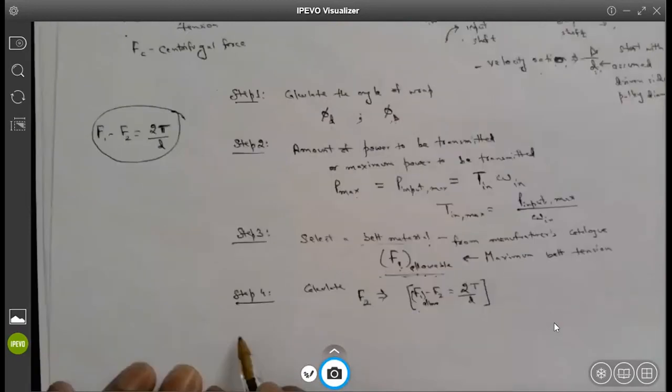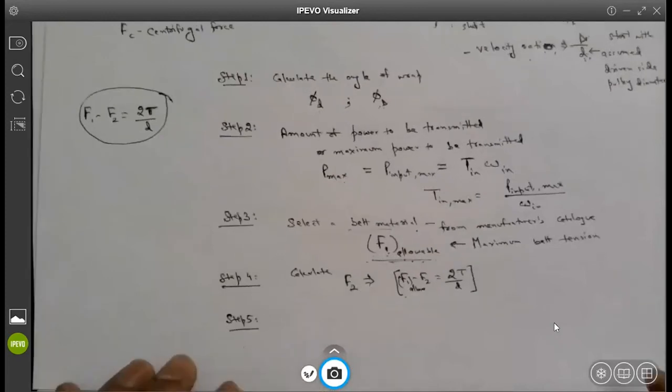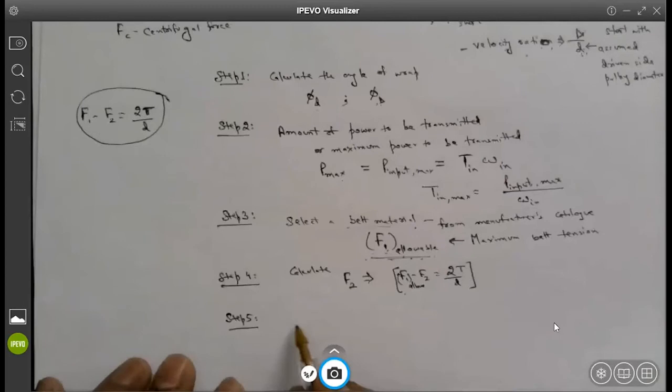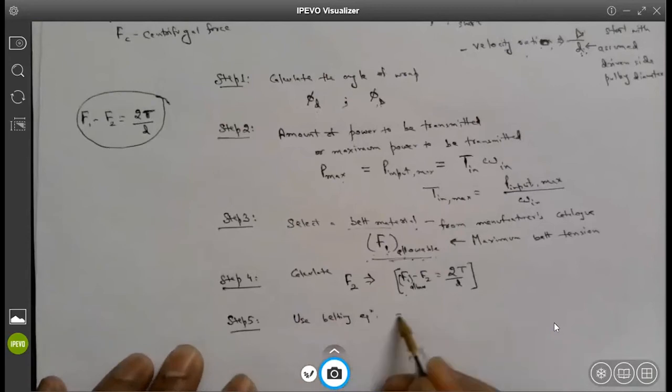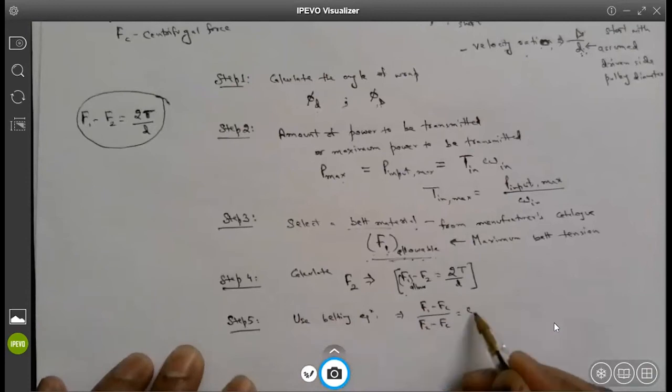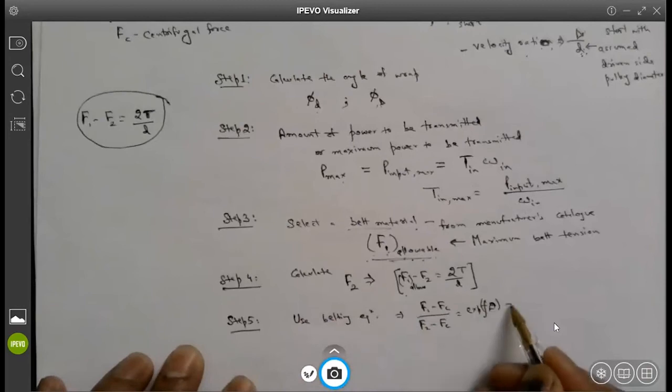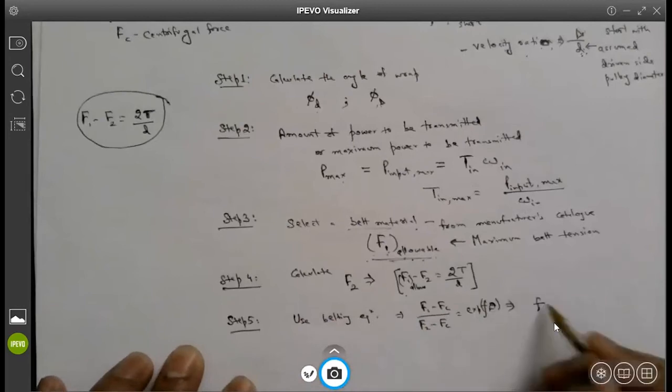And then the last step, step number 5, is to use the belting equation, which is (F1 minus FC) divided by (F2 minus FC) equals exponential of f theta, where f is the coefficient of friction.